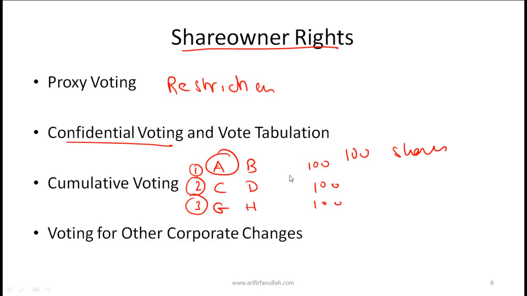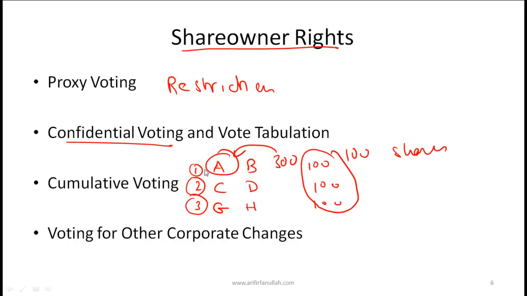But if a company allows cumulative voting, he can put all these together and vote all 300 for person A. And since he doesn't really know much or care much about these two seats, he can just use cumulative voting and put all his votes against A.